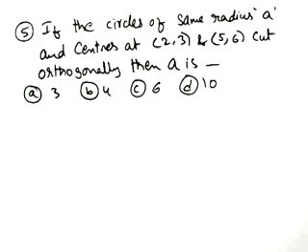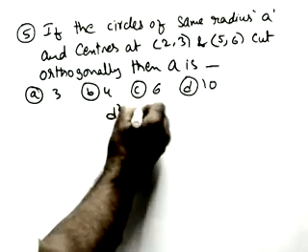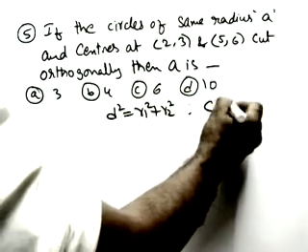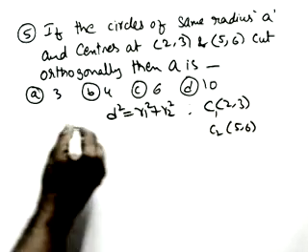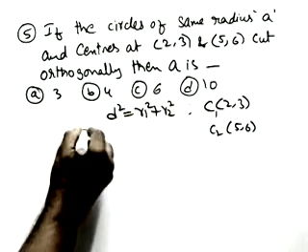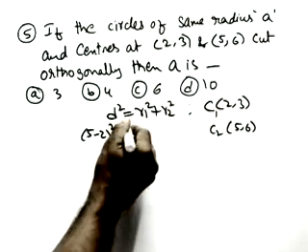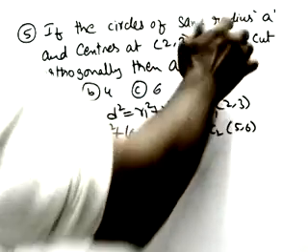If the circles of same radius a and centers cut orthogonally, then a equals to? For orthogonal, we can use this condition: d square equals r1 square plus r2 square. D is the distance between the centers. So the distance formula is under root, no need to write root now, we are having square. So x2 minus x1 whole square, 5 minus 2 whole square, y2 minus y1 whole square, 6 minus 3 whole square.